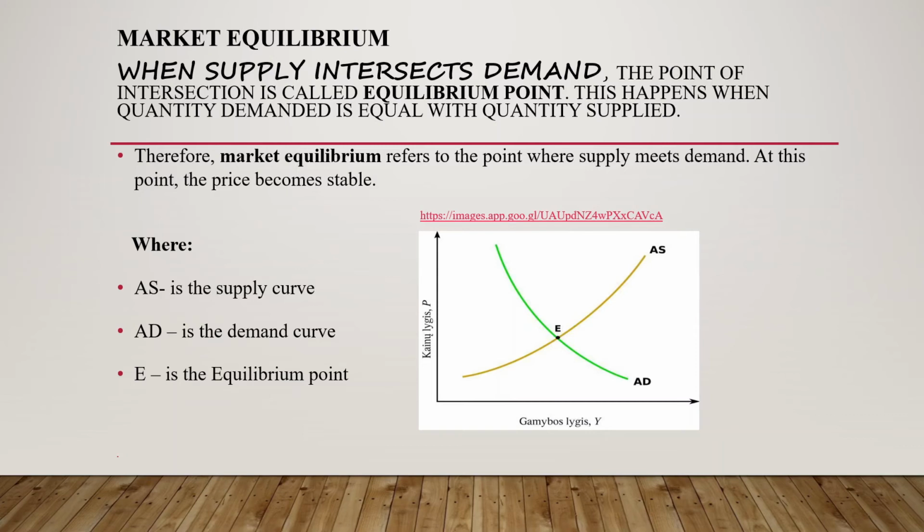In market equilibrium, when supply intersects demand, the point of intersection is called the equilibrium point. This happens when quantity demanded is equal to quantity supplied. Therefore, market equilibrium refers to the point where supply meets demand. At this point, the price becomes stable.